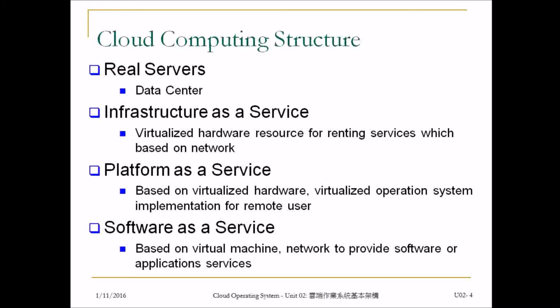The platform can also be rented based on the virtualized hardware. The virtualized operation system can be implemented and used based on the network and provided to our remote client user or customer. Today we also call this type of service platform as a service, PaaS.